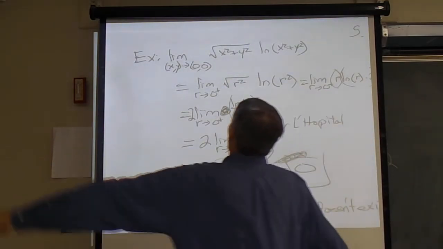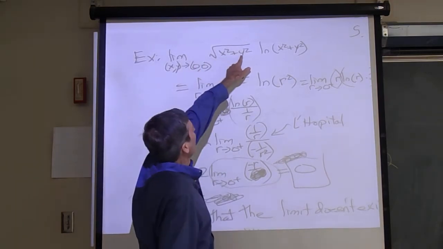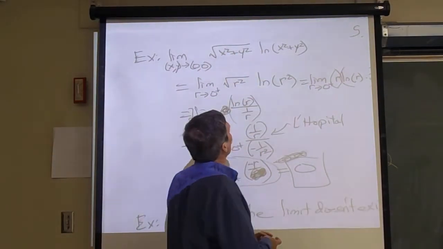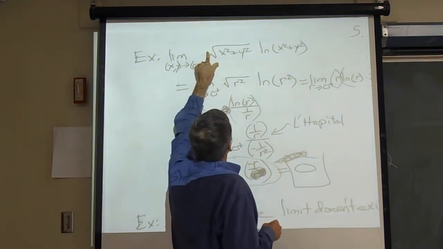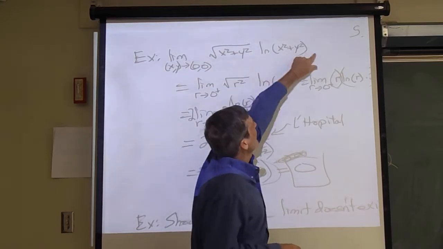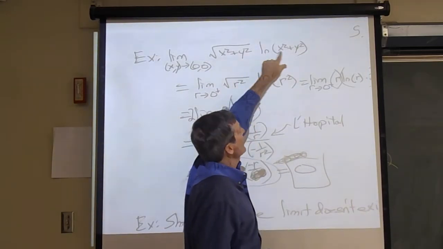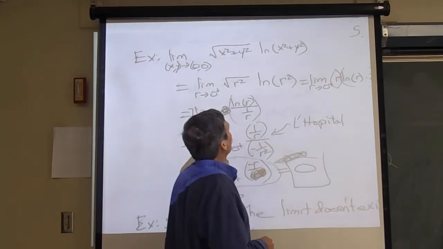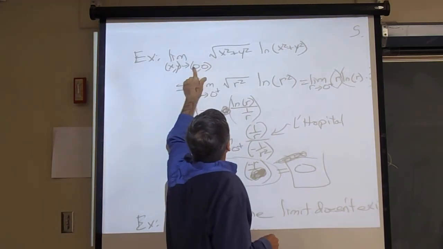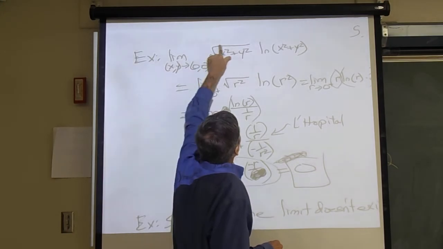All right, the limit as (x, y) approaches (0, 0) of square root of x squared plus y squared times ln of square root of x squared plus y squared. Now we're worried because even though square root is a continuous function, and ln is continuous within its domain, there's a problem here because when we approach (0, 0), this is the boundary of continuity.